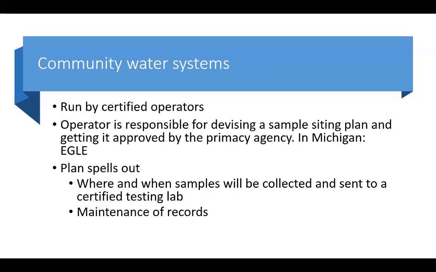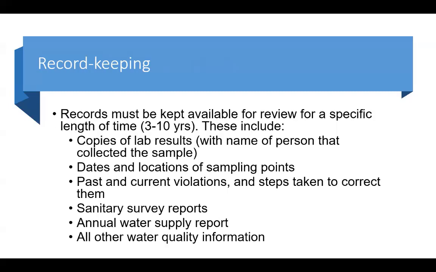In Michigan, this is the Department of Environment, Great Lakes, and Energy. So the plan will spell out where and when samples will be collected, when they will be sent to a certified testing lab. It can't just be any lab that tests, that lab has to be certified. It also spells out how the records will be maintained.